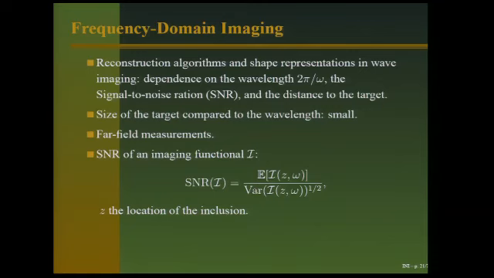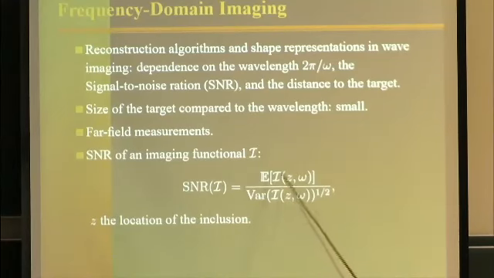Okay, so let me just show a reconstruction of small inclusions in far field measurements, and if you are not familiar with the signal to noise ratio of an imaging function, it's just the expectation of the imaging function for a fixed frequency at the location of the inclusion over the square root of the variance.